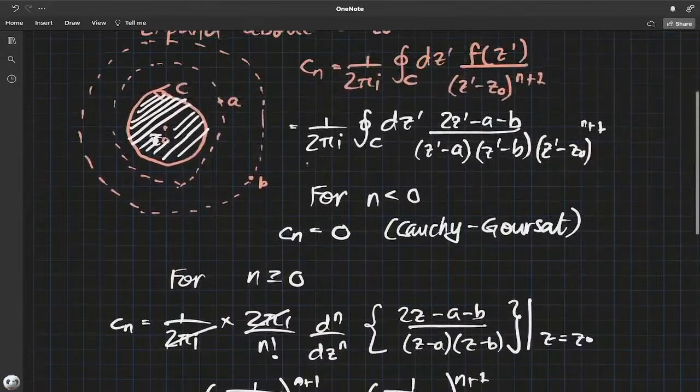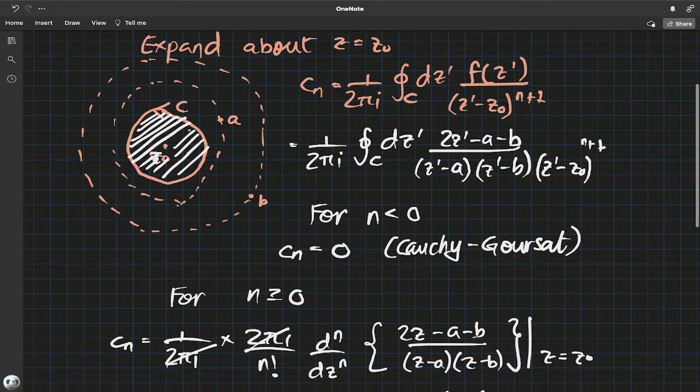Well, it will be basically this white shaded part definitely, but it'll extend from z0 to a, because if you go beyond a, your Cn will no longer be 0, because now you can't use Cauchy-Goursat. z prime minus a will be a trouble-creating point, so you have to deform the contour, so it won't be valid anymore.